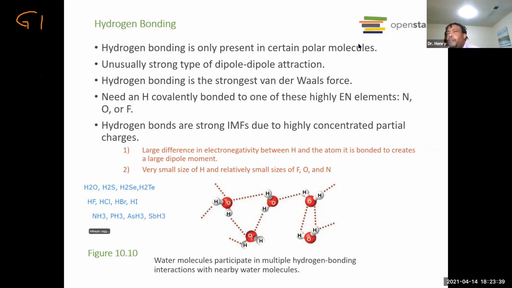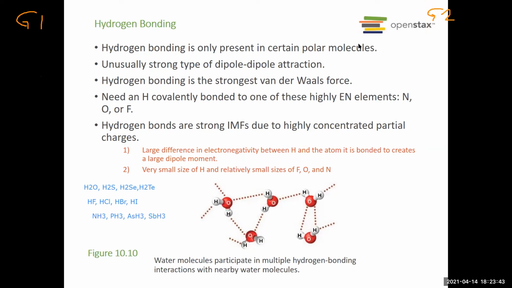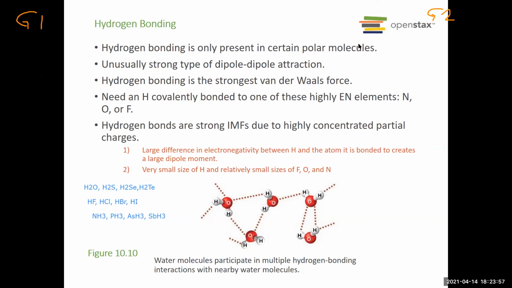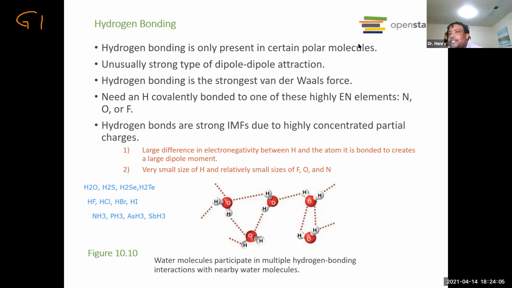And since we're on hydrogen bonding, there was a twist. The ones that are hydrogen bonding are the highest boiling point. Okay, so that is correct. So Mauricio's group is actually correct.